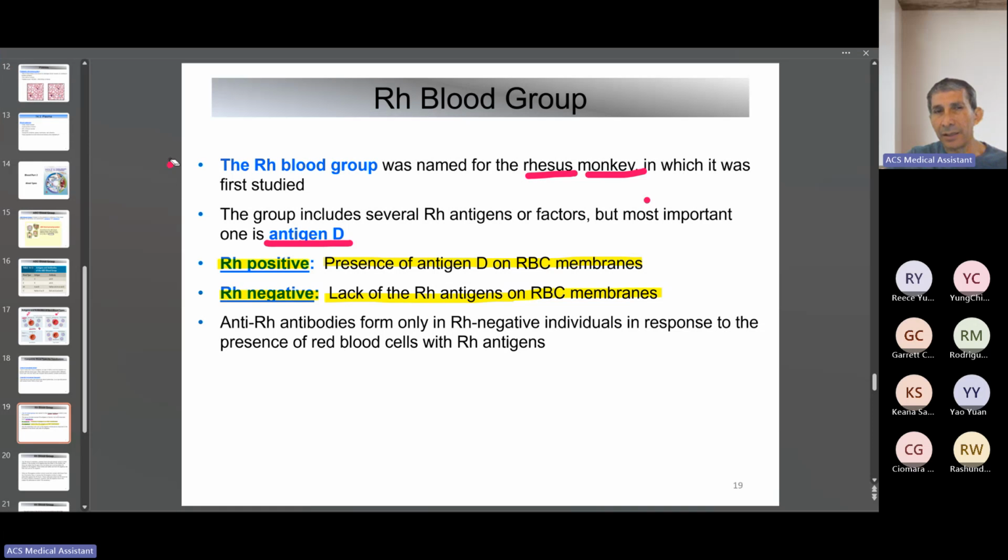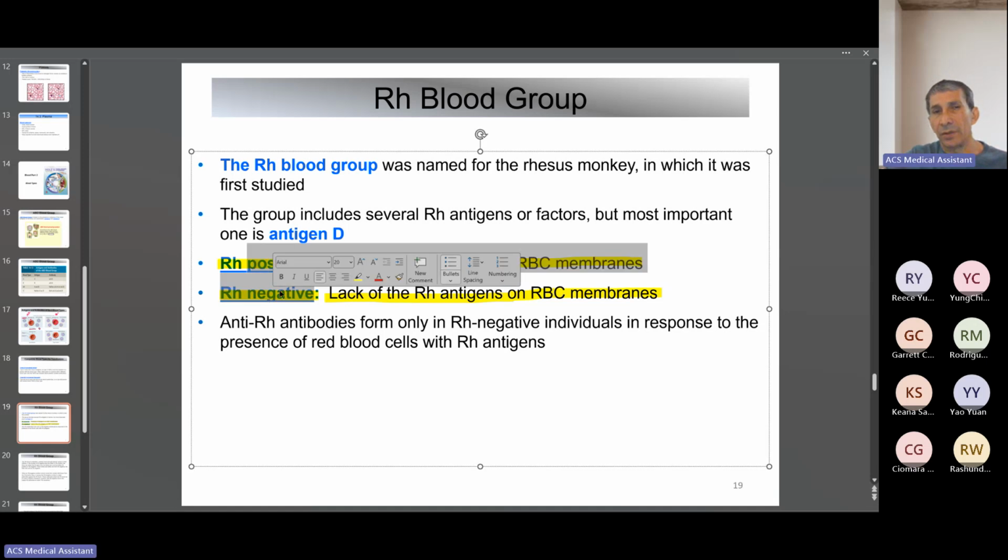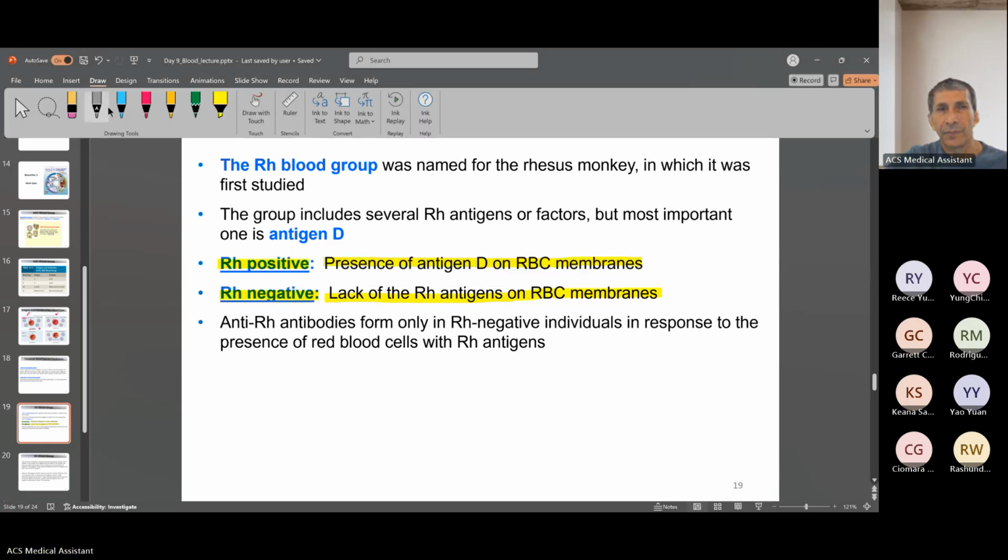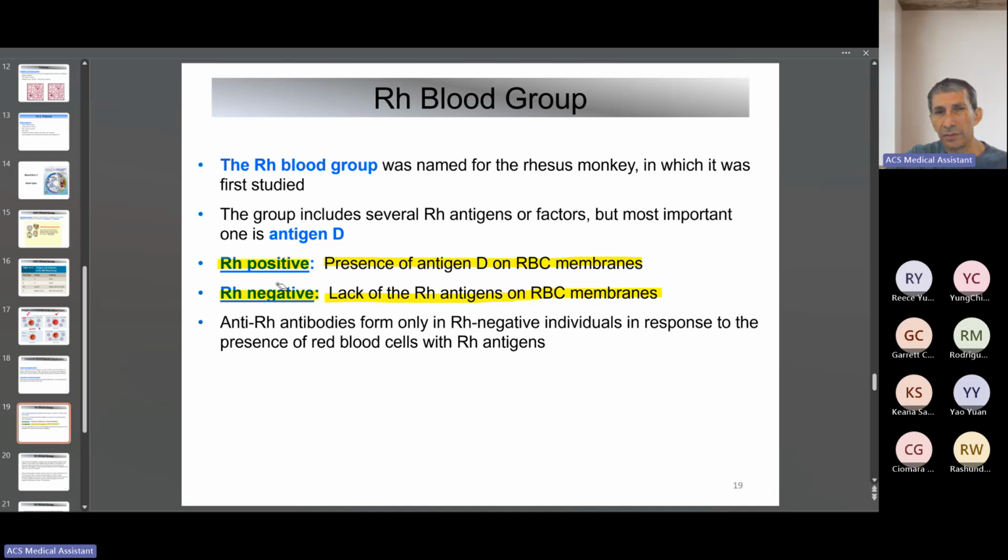So it's not like there's any other way that we're going to determine what type of blood you have and whether it's positive or negative. This is the way that we're going to do it, so we're going to evaluate it in this fashion. Once again, it's just for you to know how this works.